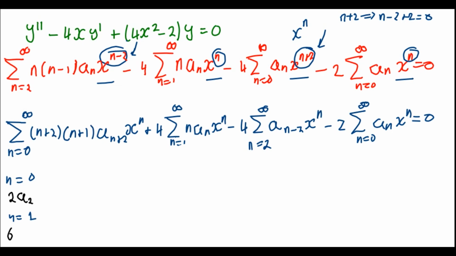Then that would be your a sub 3, then x to the power 1, which is just x. Come to this one now. When n is equals to 1, what you get is just going to be 4 a sub 1 of x.